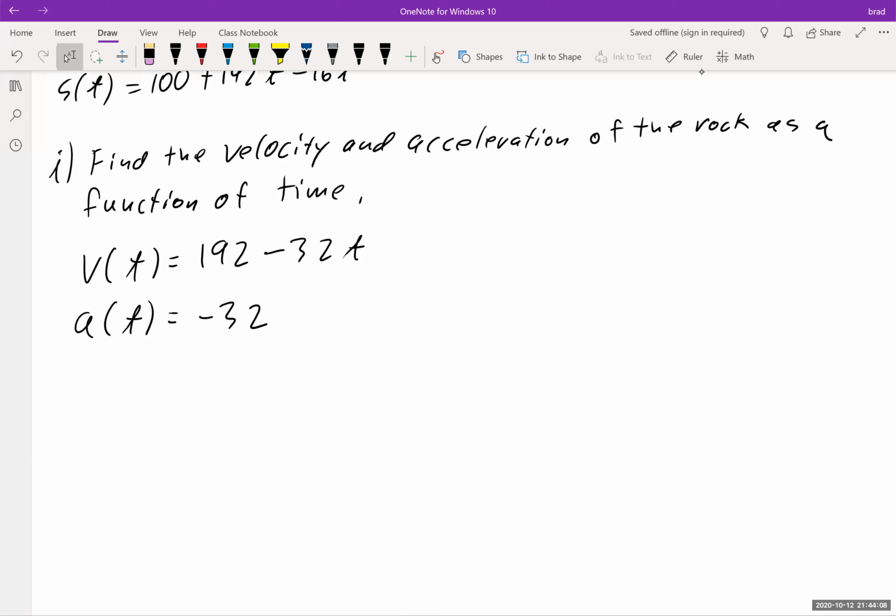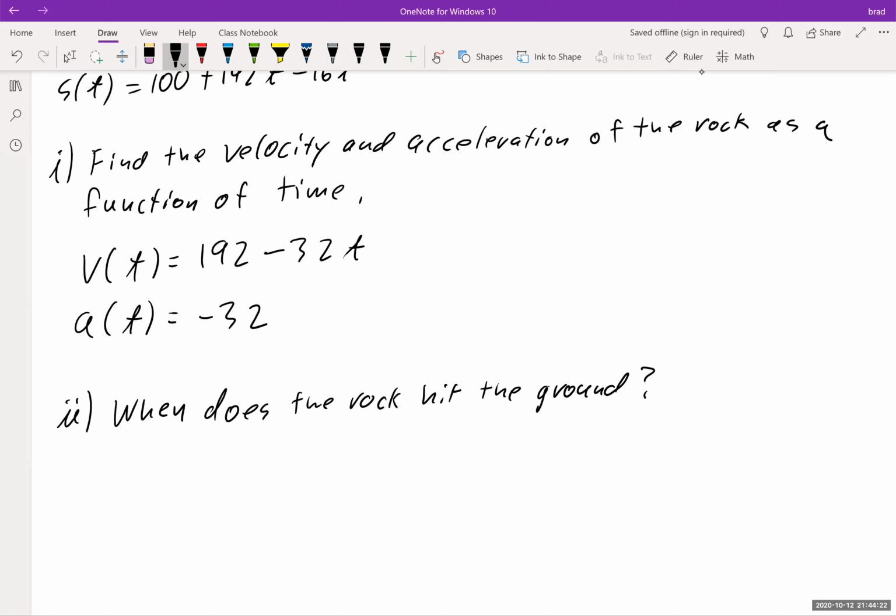Okay, so let's see here. So we have that. Then it says part 2, when does the rock hit the ground? And then what is the velocity? So when the rock hits the ground, they want to know how fast it was going.